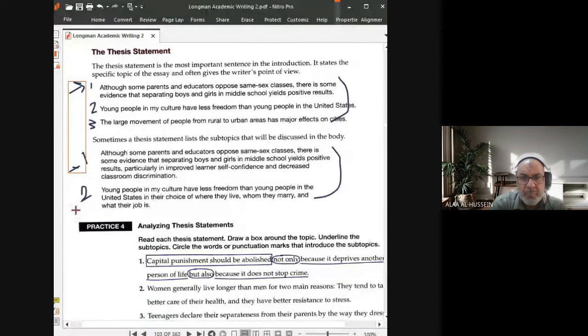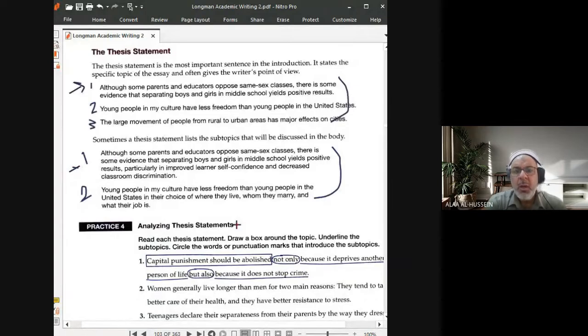Okay, the first sentence reads like this: Although some parents and educators oppose same-sex classes, there is some evidence that separating boys and girls in middle school yields positive results.